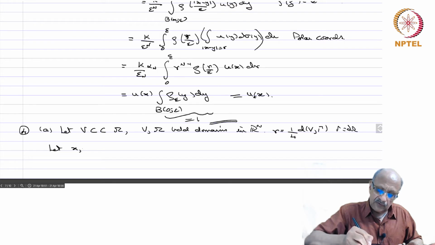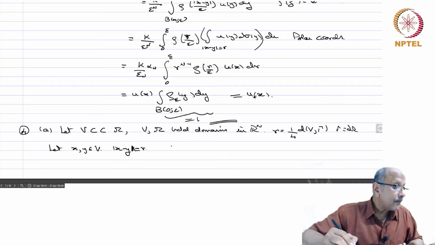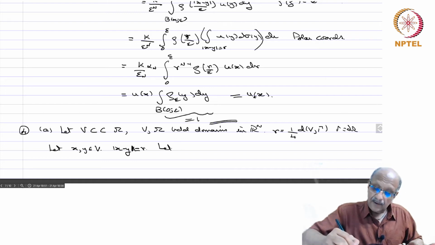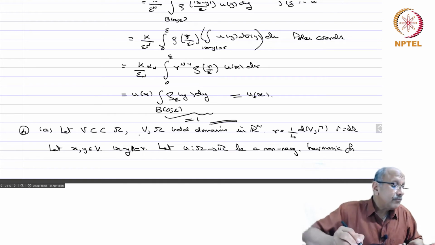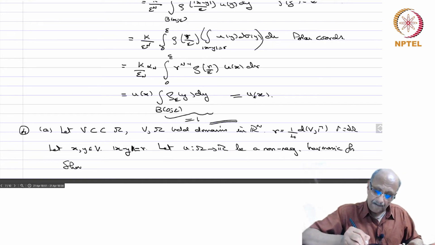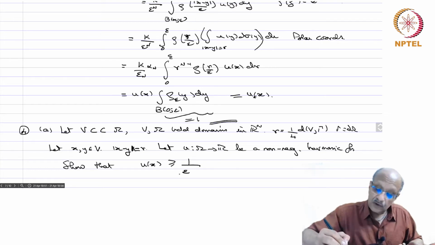Let x, y belong to V, mod x minus y equal to R. Let u from omega to R be a non-negative harmonic function. Show that u of x is bigger than or equal to 1 by 2 power n u of y.